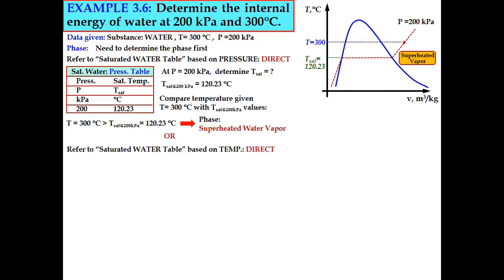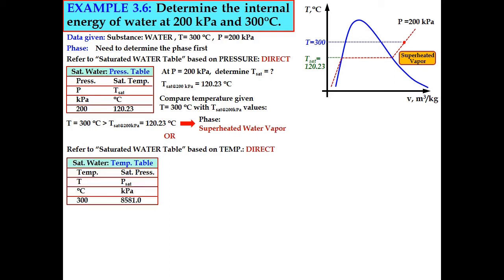Or, to determine the phase or region of the state, we can refer to the saturated water table based on temperature. This is the saturated water table based on temperature. At 300 degrees Celsius, we can obtain P saturated directly: P saturated at 300 degrees Celsius is equal to 8581 kilopascal.